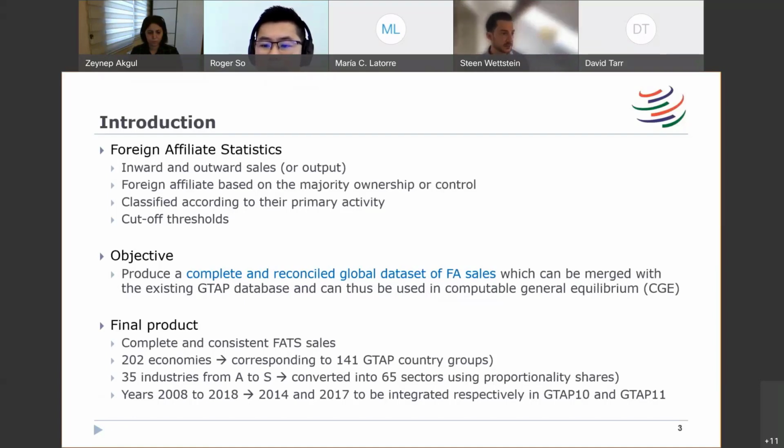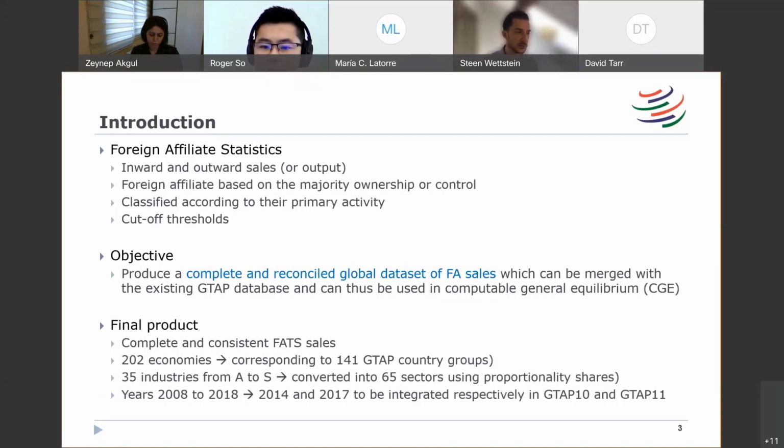The final product will be a complete data set of FATS sales that will encompass 202 economies. But like before, this will be converted into the GTAP country groups, which is around 140 groups.